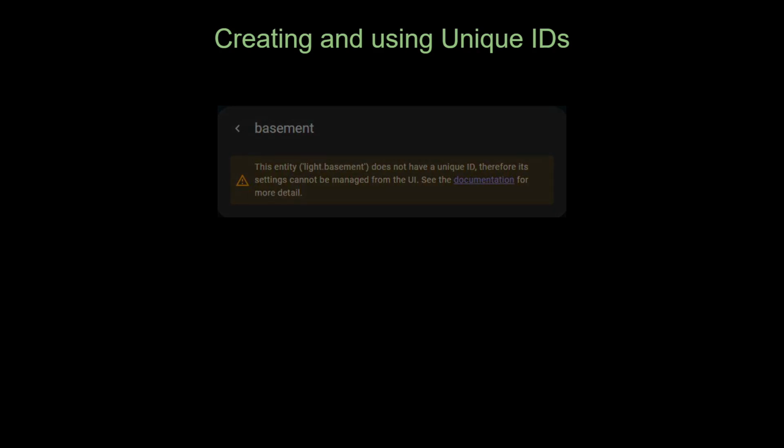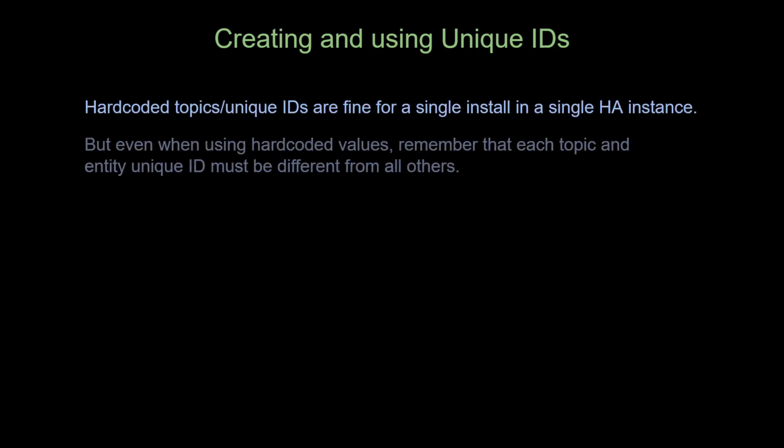Now, when it comes to creating these unique IDs, of course, you can always hard code a unique ID as long as your device or project is only going to be installed one time in Home Assistant. But even when you do use hard-coded values, remember that each topic and any kind of unique ID you use for each entity must be unique and different from all others.